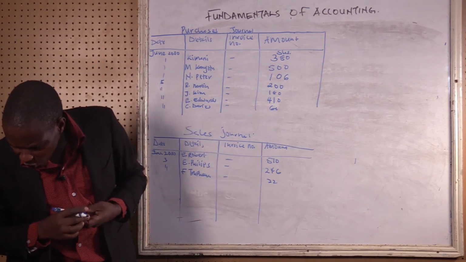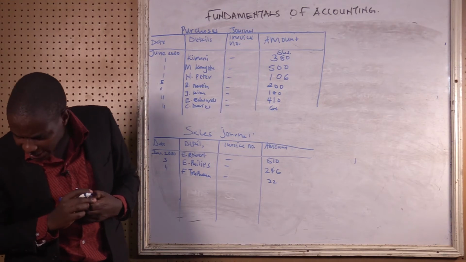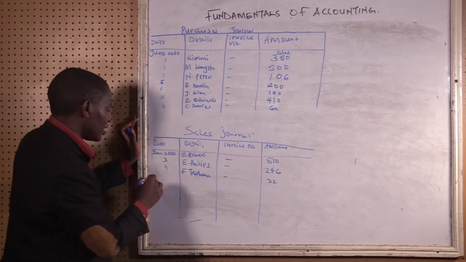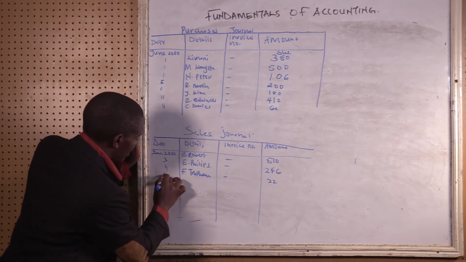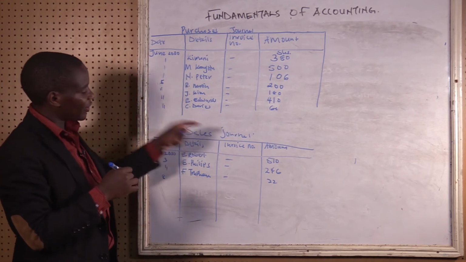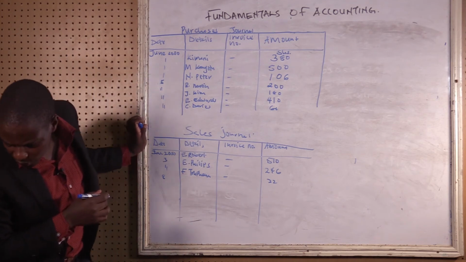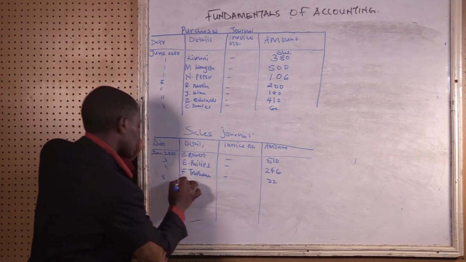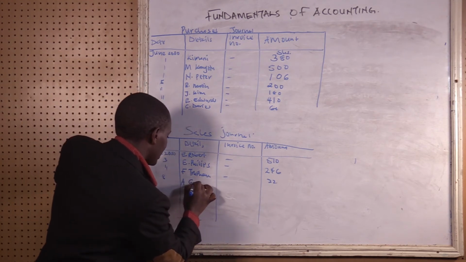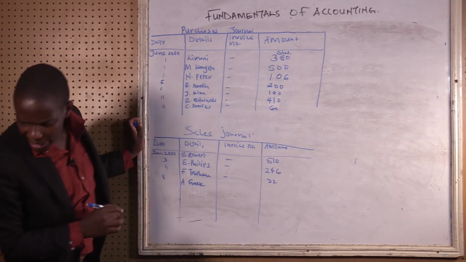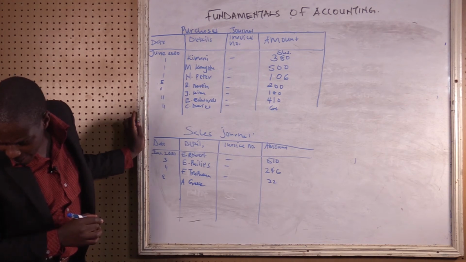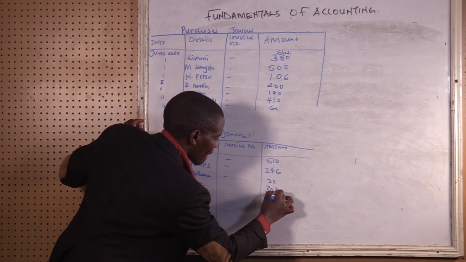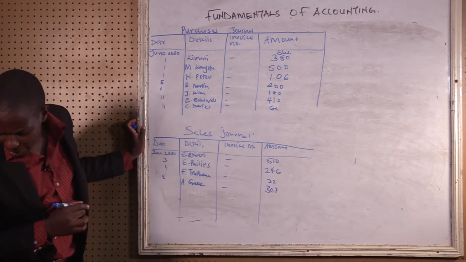Yes. And then on 8th, made some credit sales to A. Greek. This one will affect the sales journal. So on the 8th, here I'll have A. Greek. How much is it? 307. No invoice number.